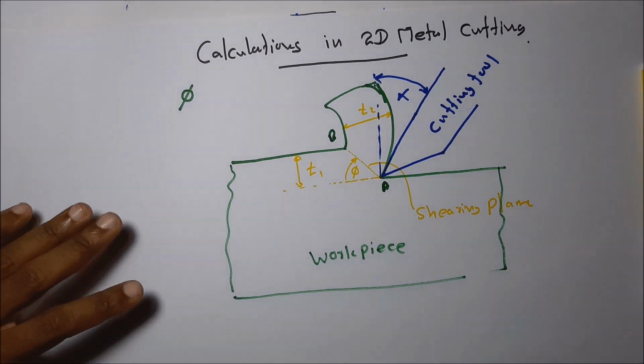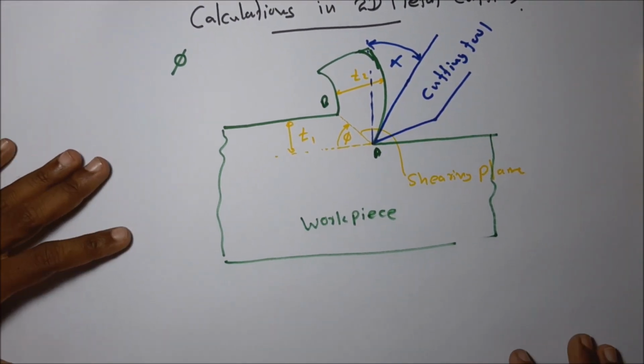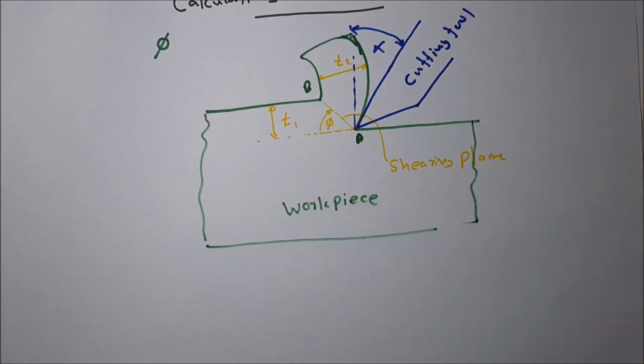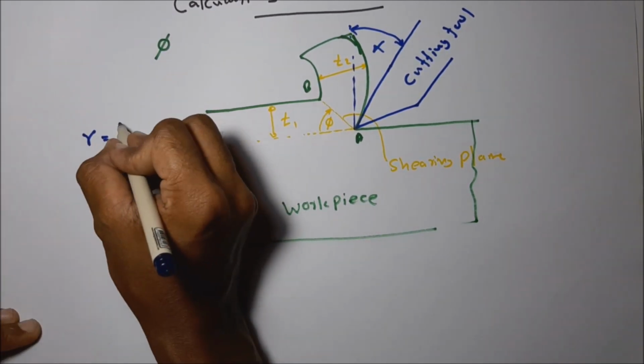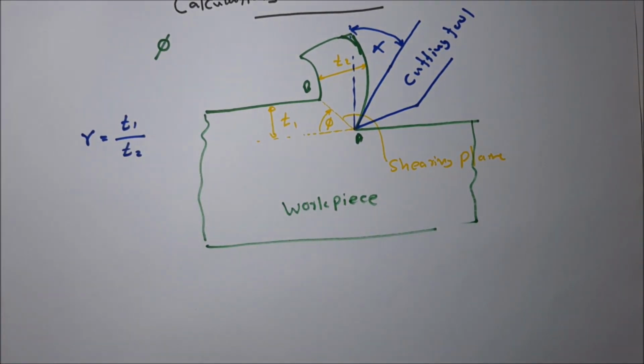In the last class I gave r. What is r? r is equal to t1 divided by t2, called the chip thickness ratio.